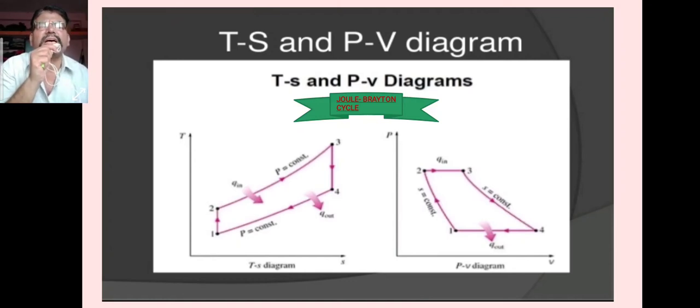If we look at the TS diagram, from 1 to 2, the pressure and temperature increase, by that time the compression happens inside the compressor. So that is the importance of the TS and PV diagrams.